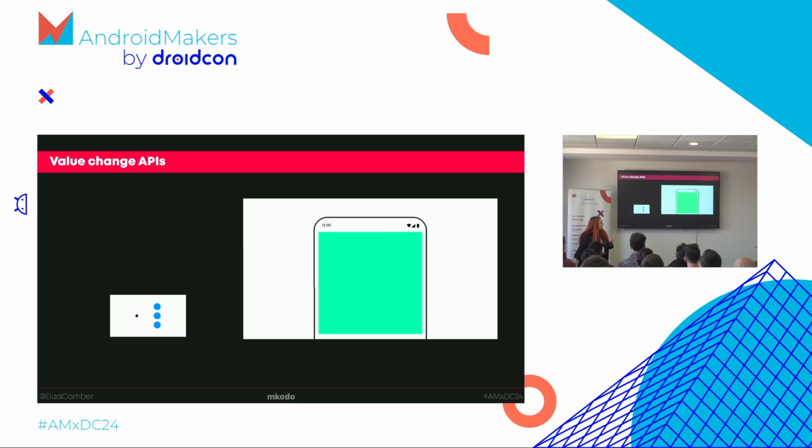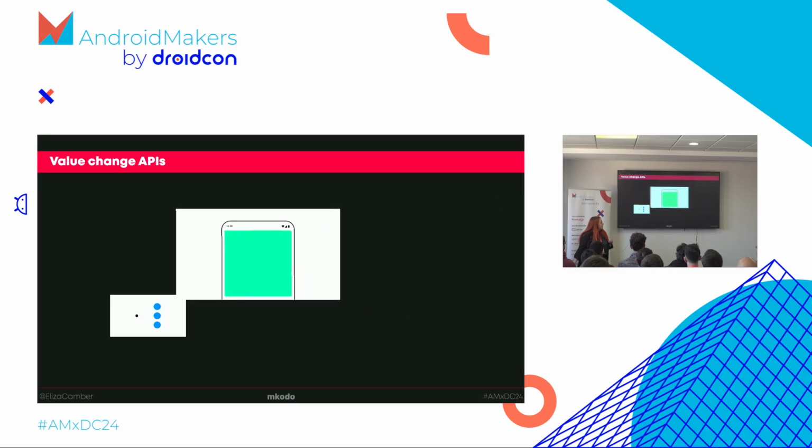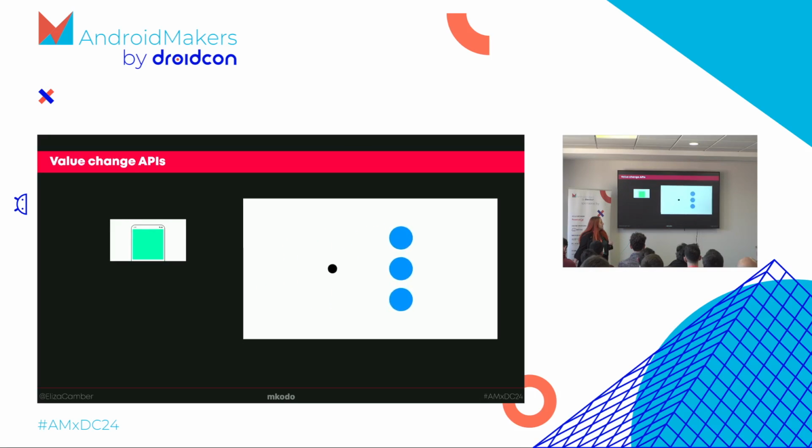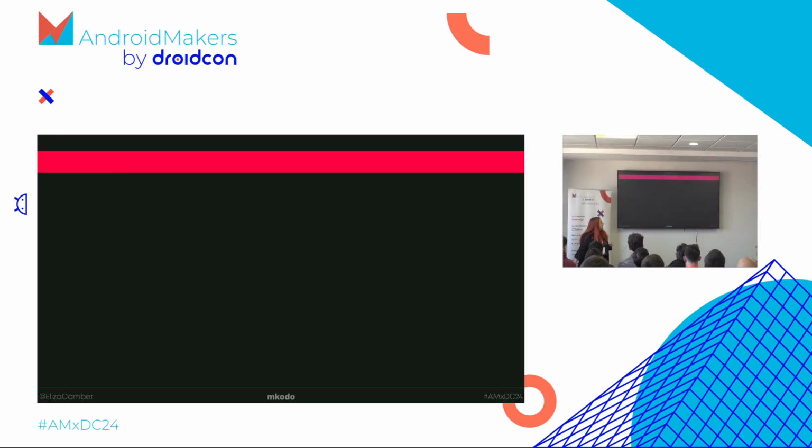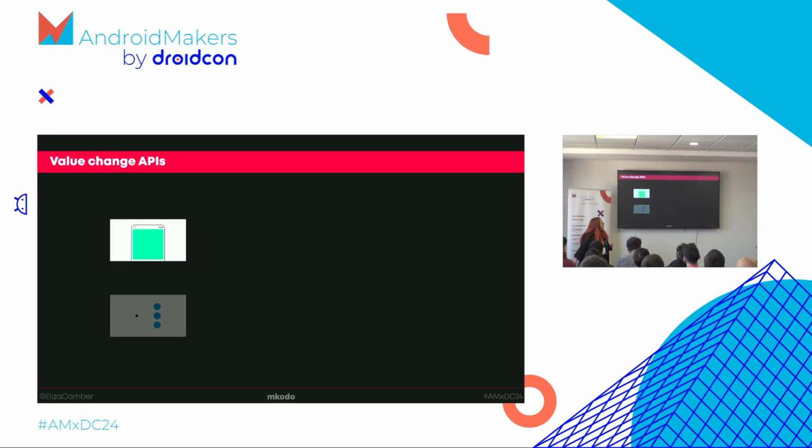And then we have multiple values, if we want to animate multiple values and how we do that. So the first one is the animate as state, and then for the multiple ones, we have the transitions, and also the infinite transitions if we want to have a loop.